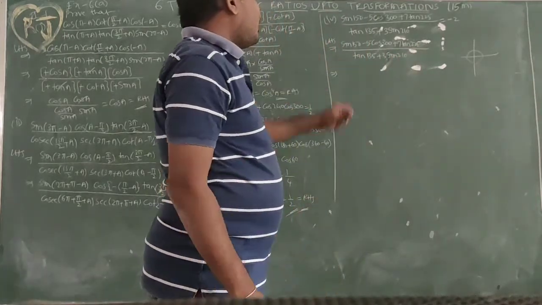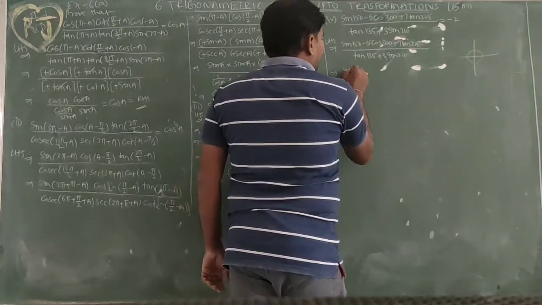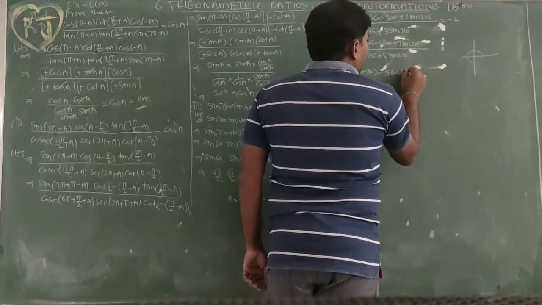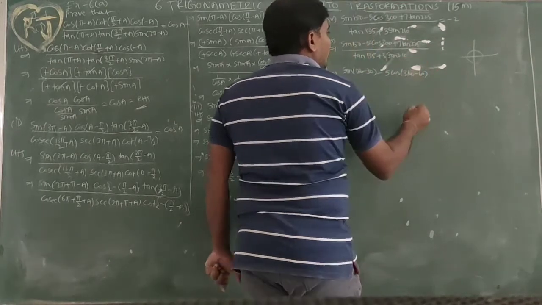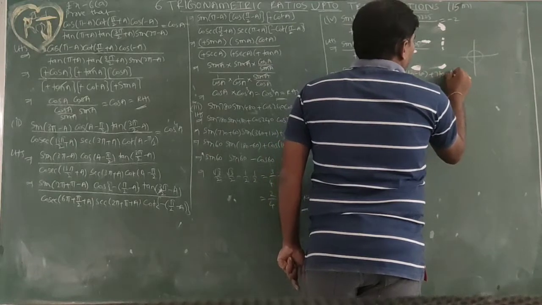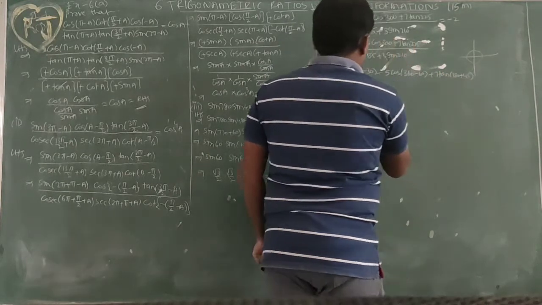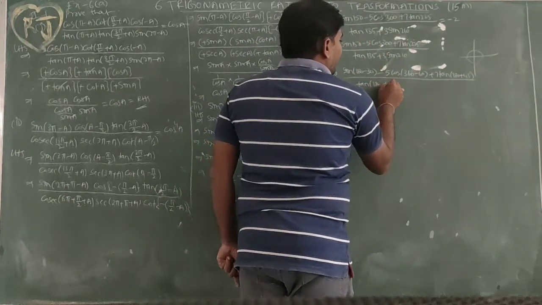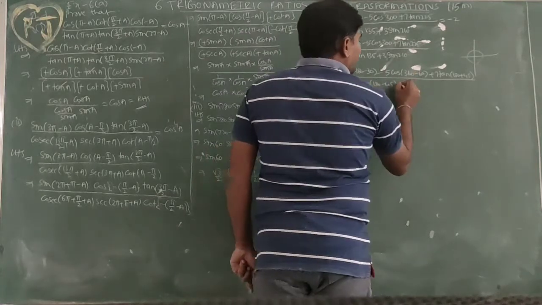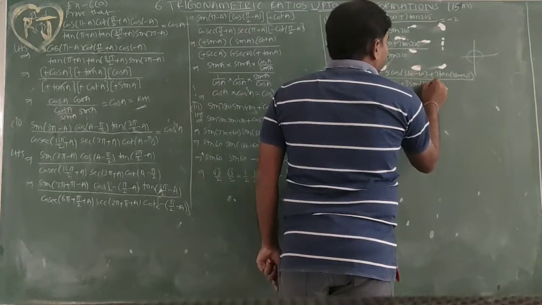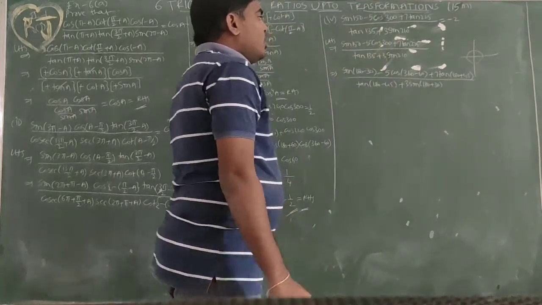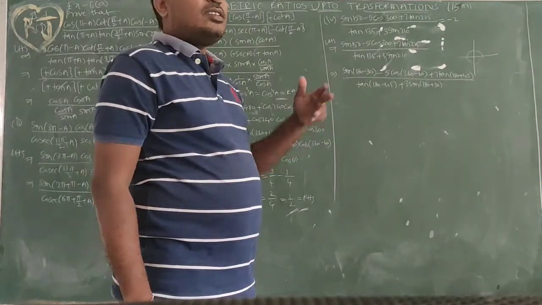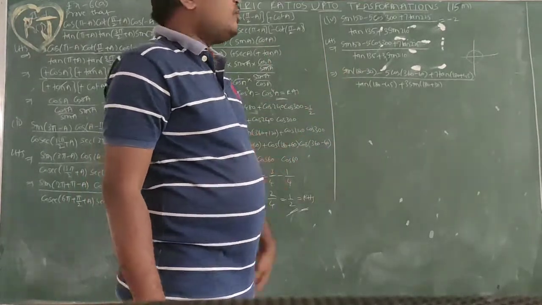So 150 I want to write as 180 minus 30, sin(180 − 30), minus 5 cos 300, I want to write 360 minus 60, plus 7 tan(180 + 45) by tan(180 − 45) which is 135, plus 3 sin(180 + 30). So I want to convert mostly into 180 and 360, because for 180 and 360 the trigonometric ratio will remain the same.